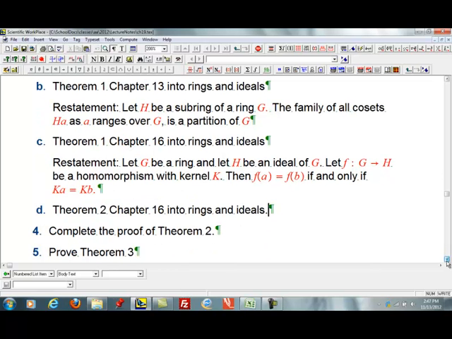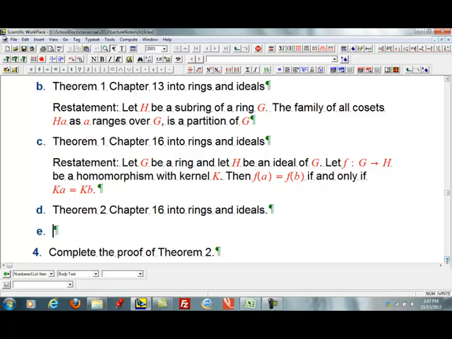And then theorem 2, chapter 16 was also useful. Here again, what are we assuming? This is our fundamental homomorphism theorem, which they gave us.